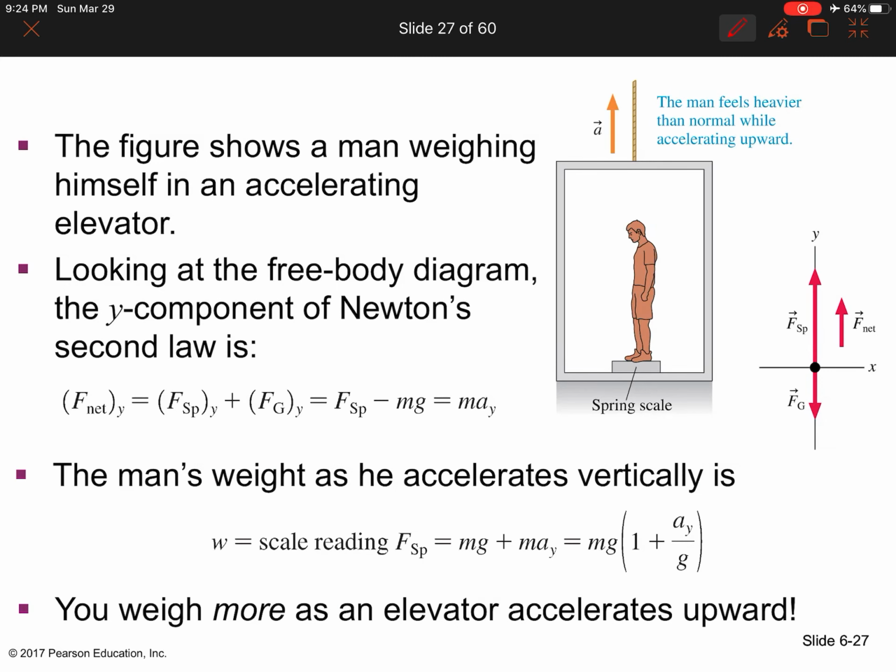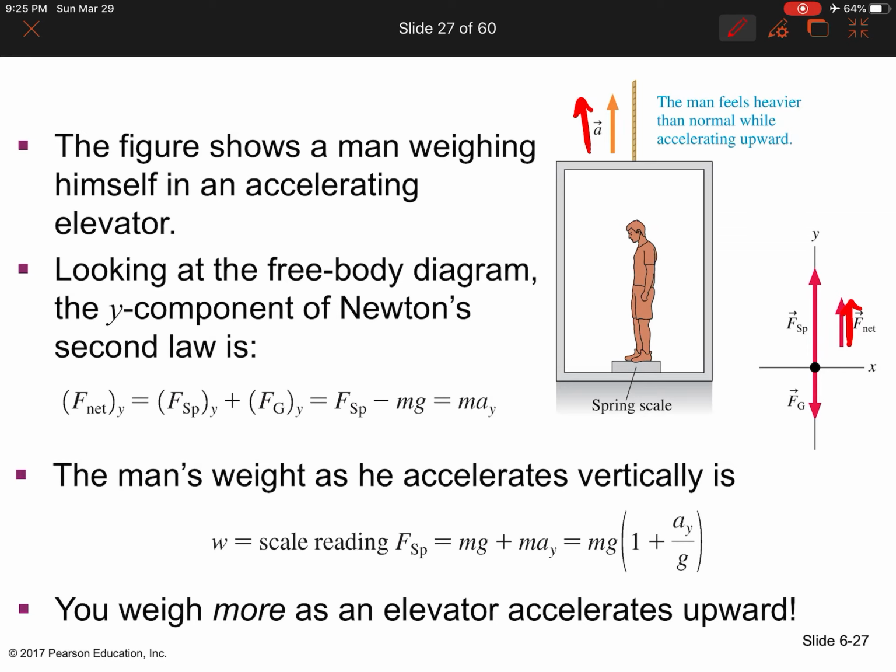Okay? All right, so now this is saying that the figure shows that a man is weighing himself in an accelerating elevator. And it says to look at the free body diagram. So remember, this elevator is actually accelerating. So you're no longer at rest. And if it's accelerating upward in a positive direction, then that means that the net force also has to be in a positive direction.